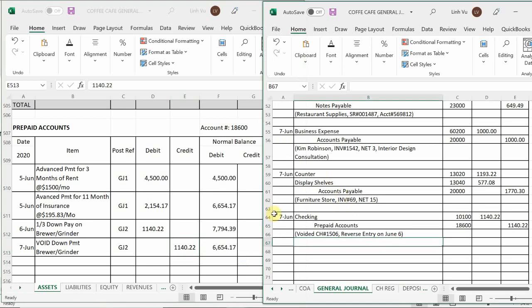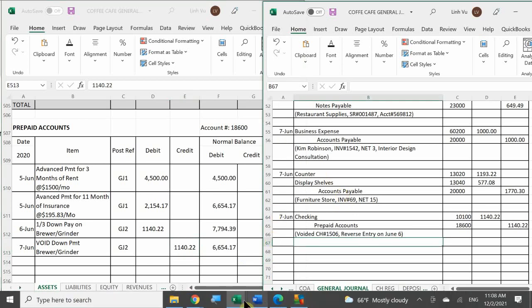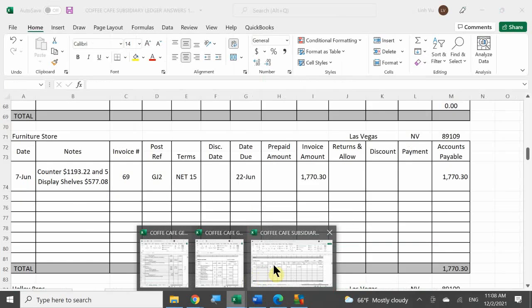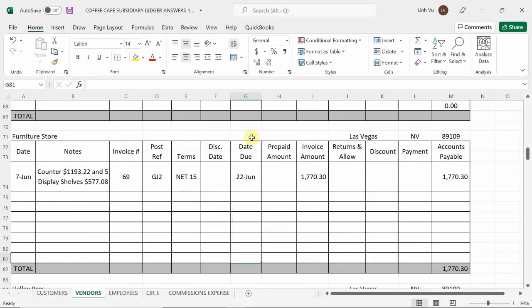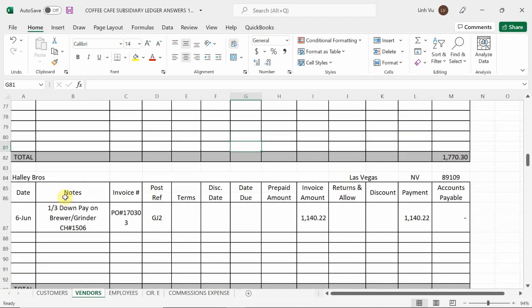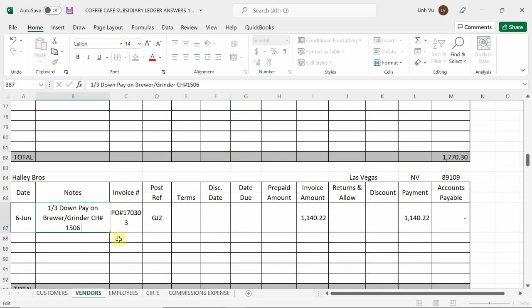I also need to update that into my ledger account because I no longer have this. So I'm going to go to Haley Bros and edit this and say this check was voided.